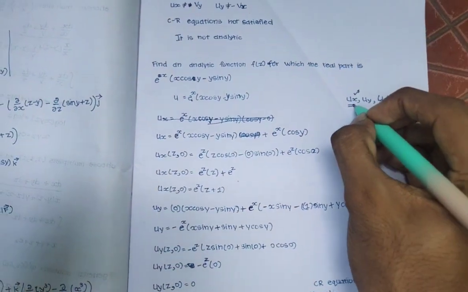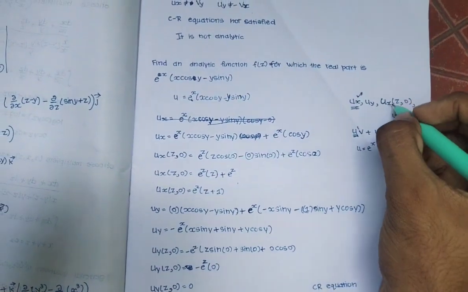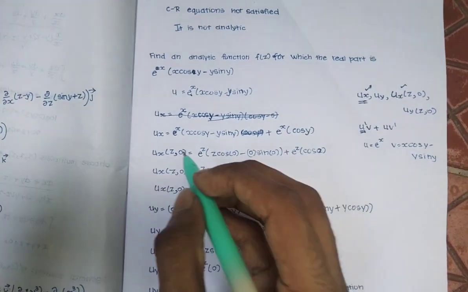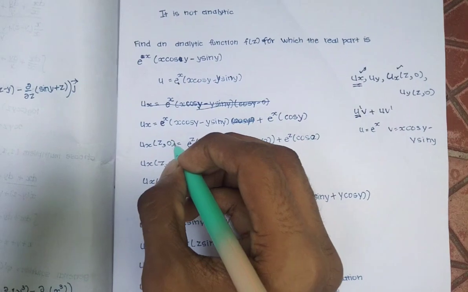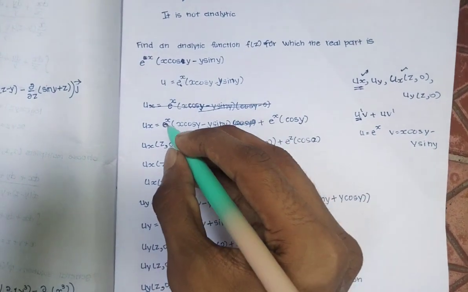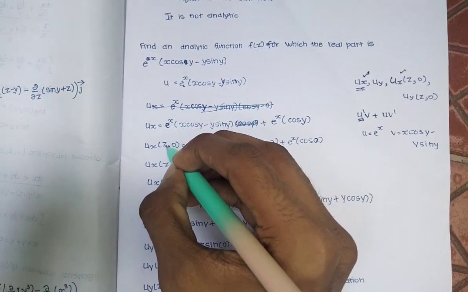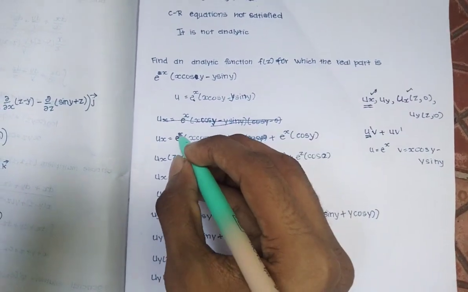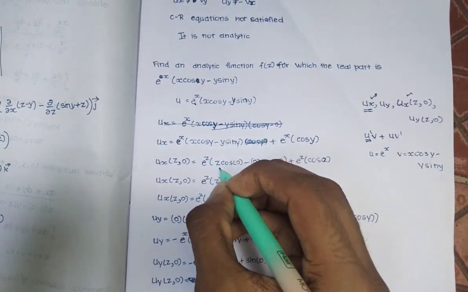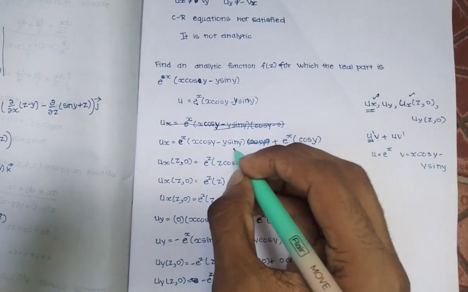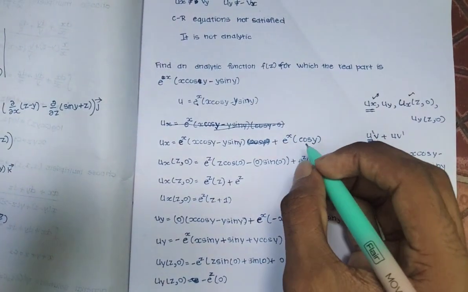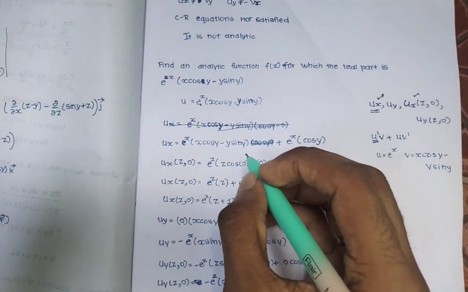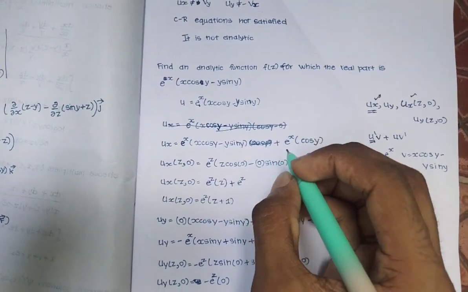We got u_x. Now we should find u_x(z,0). Wherever x is there, substitute z, and wherever y is there, substitute 0. Now e^x becomes e^z, x becomes z: e^z (z cos 0 − 0 sin 0) plus e^z cos 0. Cos 0 is 1 and sin 0 is 0.